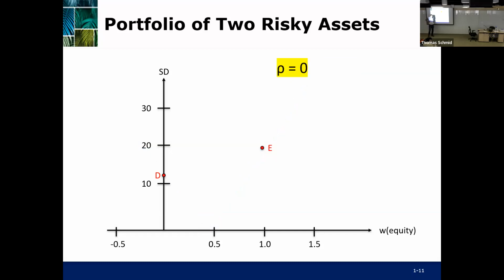What about the 0 case? Or you could also replace that by the 0.3 case. Well, if this is -1 and this is +1, it's kind of rational to assume that the 0 case is somewhere in between, right?